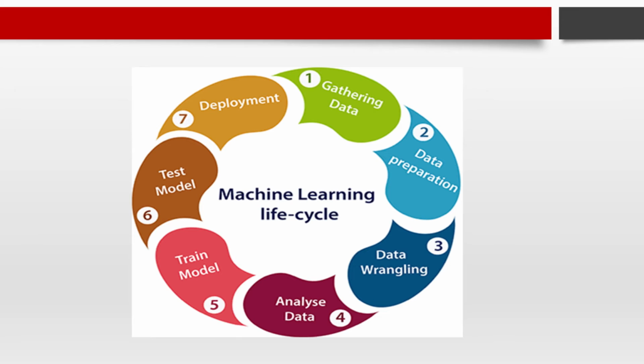The main purpose of the life cycle is to find a solution to the problem, or we can say a project. Basically, the machine learning life cycle involves seven major steps: gathering data, data preparation, data wrangling, analyze data, train the model, test the model, and deployment.